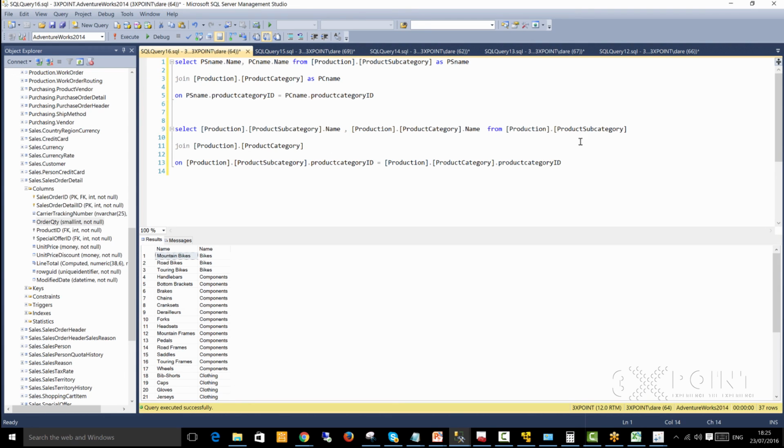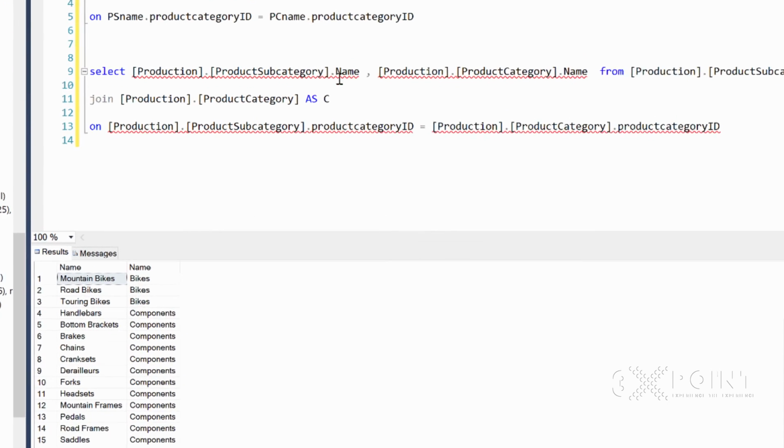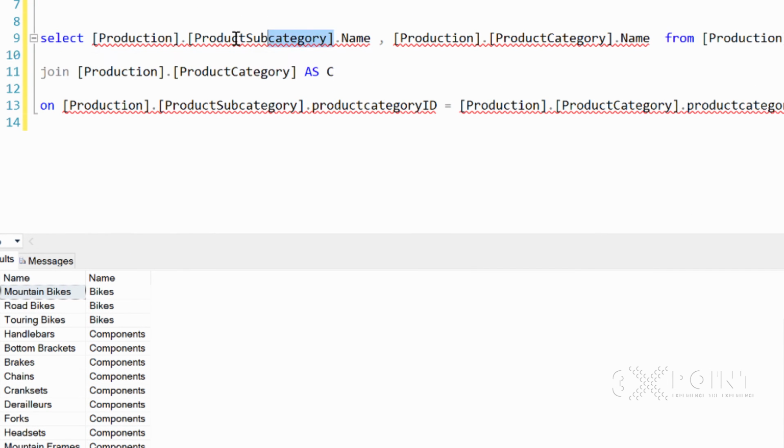And think about it. Imagine if you made your alias here just P and this one just C, because your alias could be anything. And for your own sake, let me just put alias there, because if you don't put it, it will work. So here I remove all this long. That's the essence of alias, because we don't want to be writing something long like that.